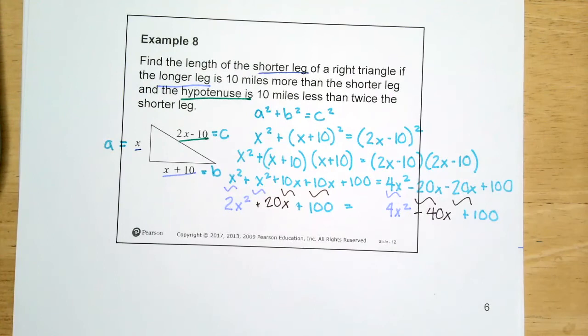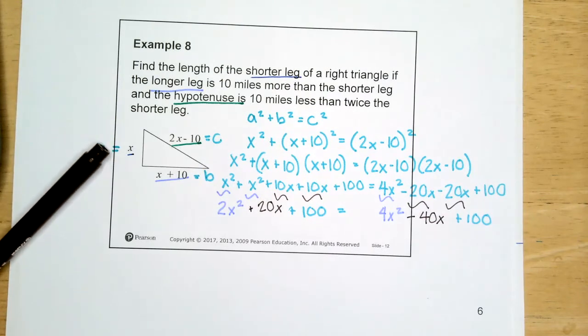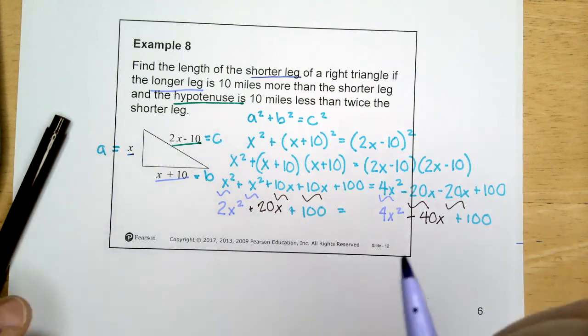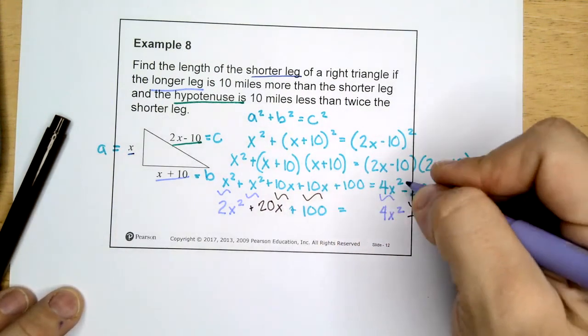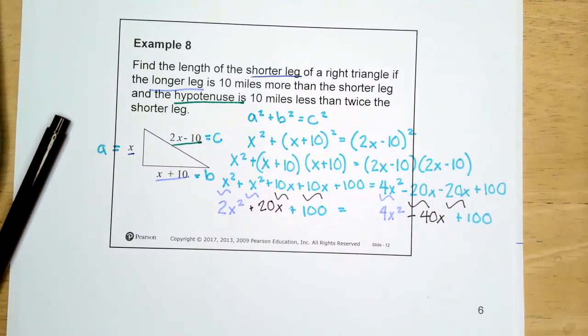Okay. To solve, I want to find out the length of the shortest leg, or I want to find x, right? So now I need to put it into standard form and factor it in order to find x, okay? So I'm going to move everything over to the right because I like my leading term, my biggest exponent, to be positive.